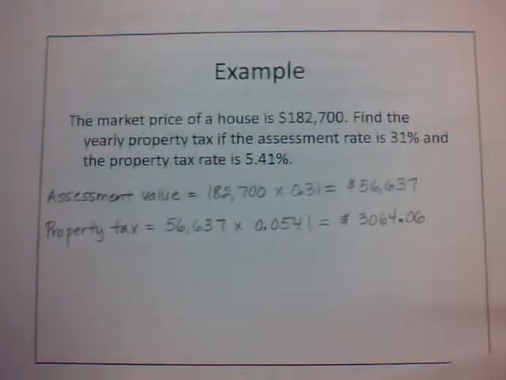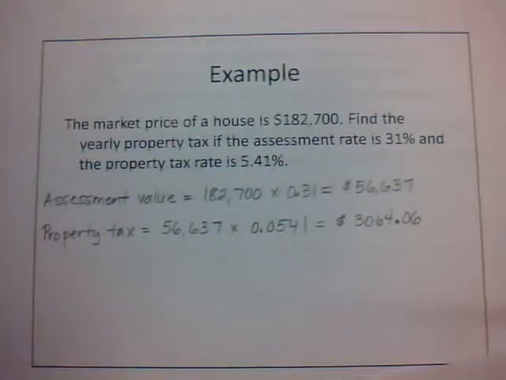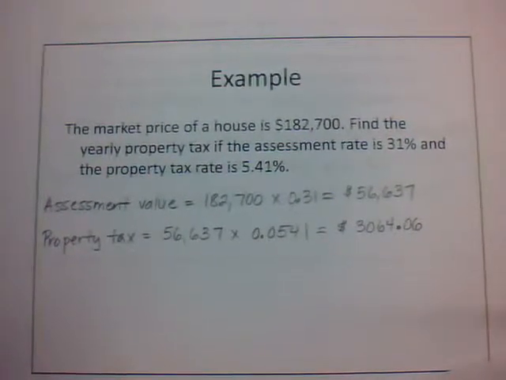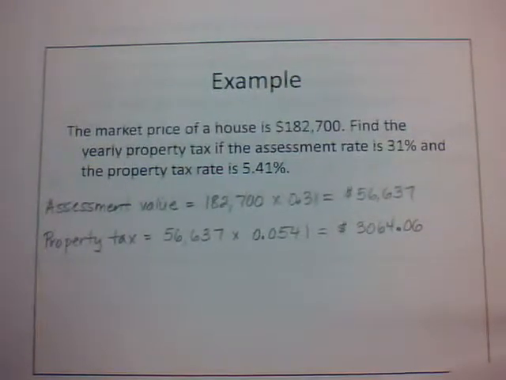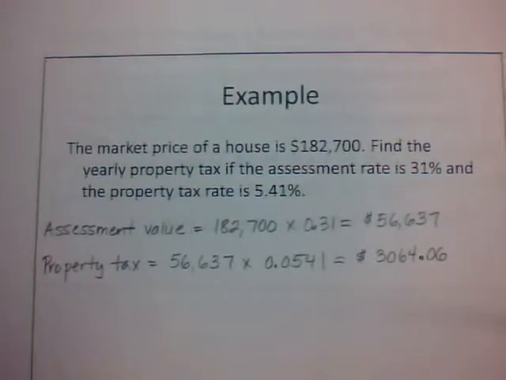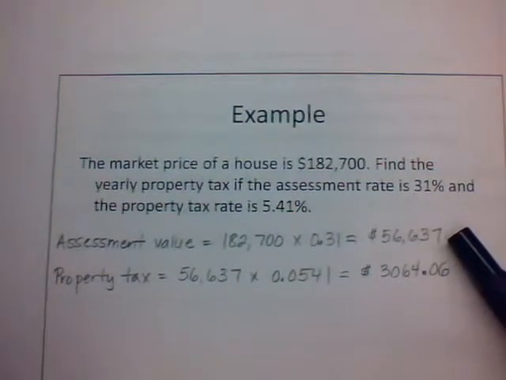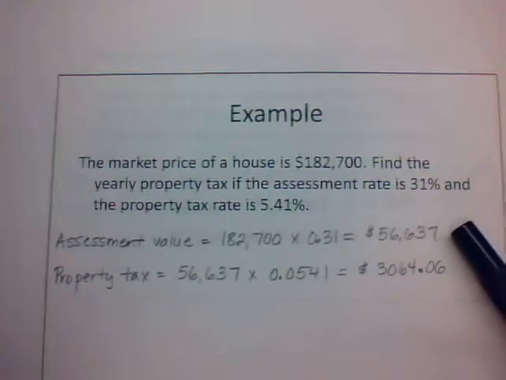We first find the assessment value, okay, because the assessment rate is 31%. So here we take 31%, we'll change that to 0.31, and then multiply that by $182,700 to get the assessment value of $56,637.